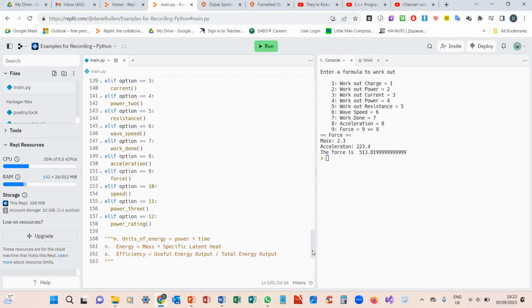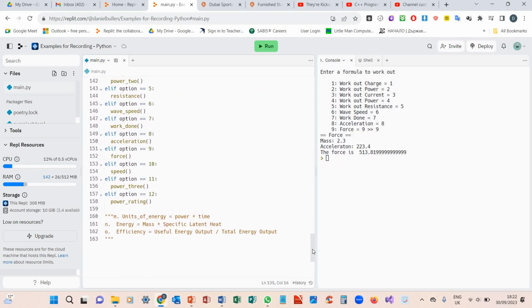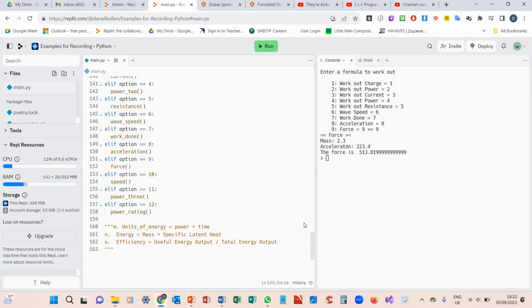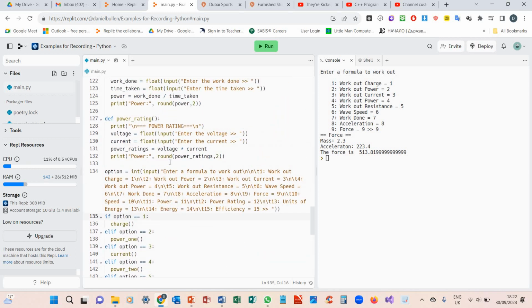So that's all the formulas there. So we've got units of energy, energy itself, efficiency.